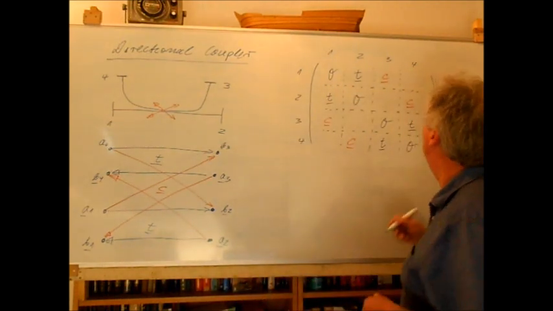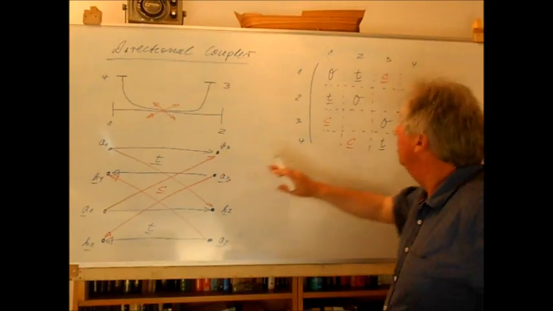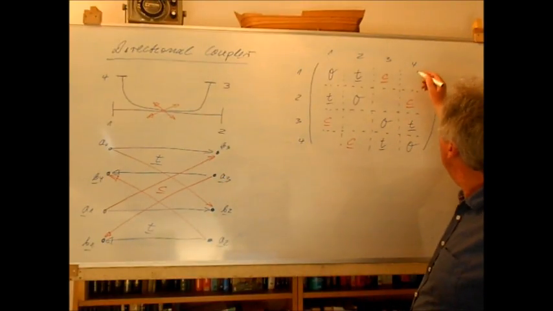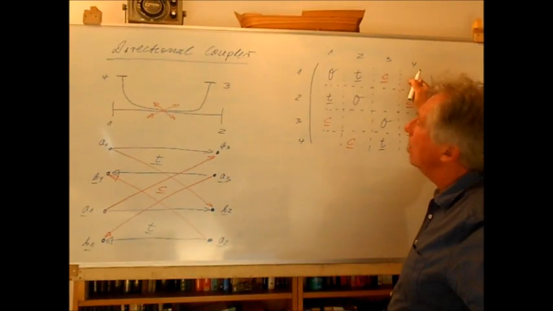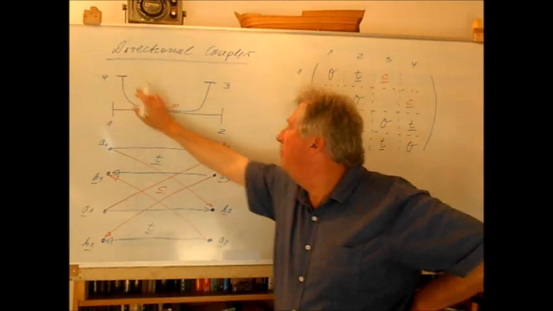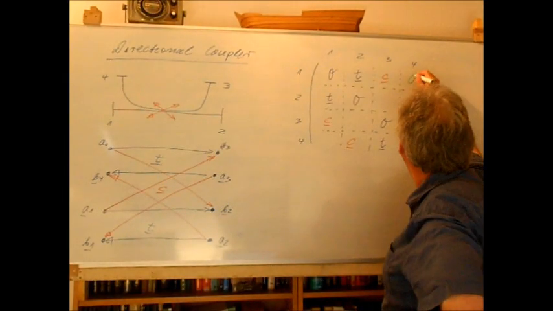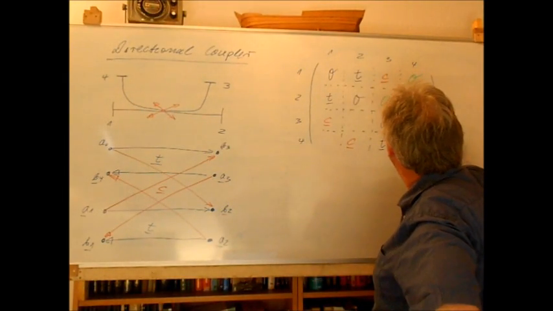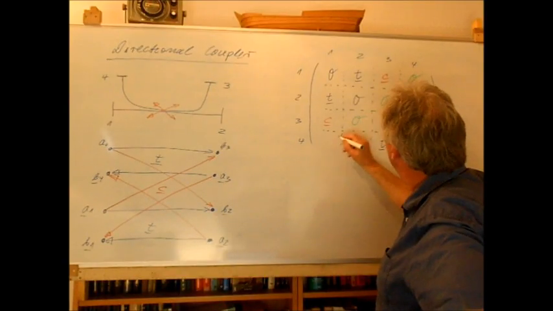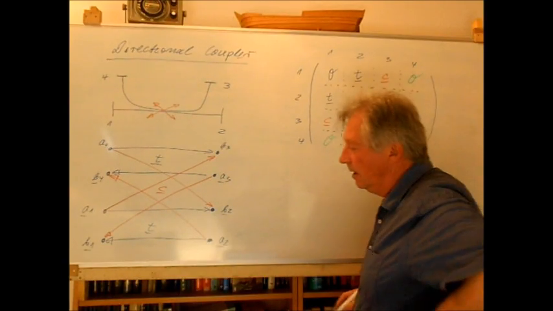And what is very important here is that in the ideal directional coupler we will have no coupling between port 1 and port 4. So here we will have a 0, here a 0, here a 0, and here a 0.